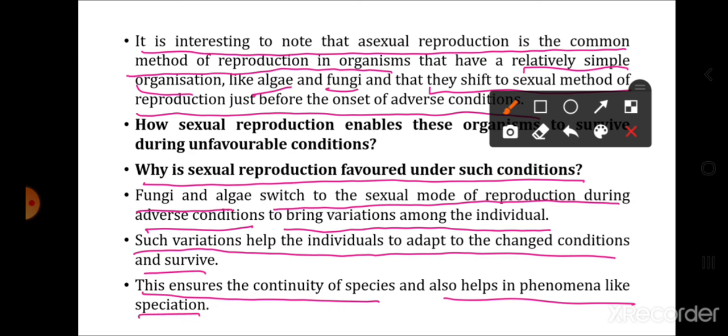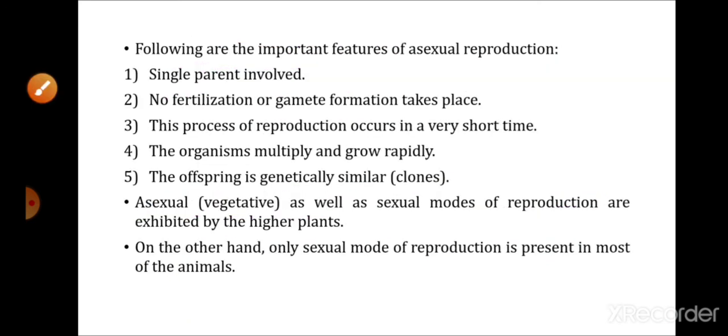As adverse conditions arise, these organisms survive because they undergo the sexual mode of reproduction, and as variations occur, and we know that variations are responsible for speciation, this also helps in the process of speciation.